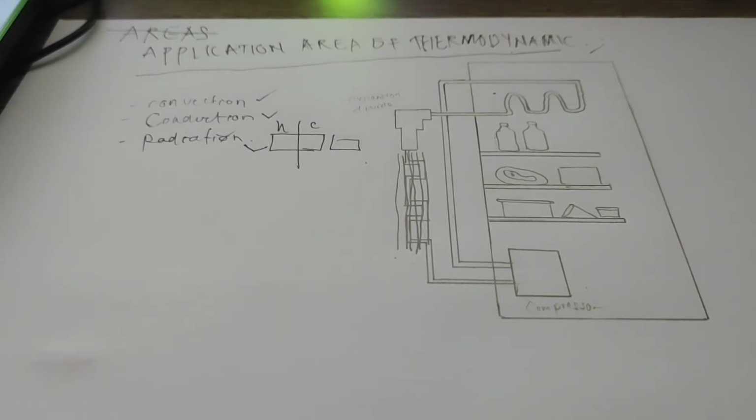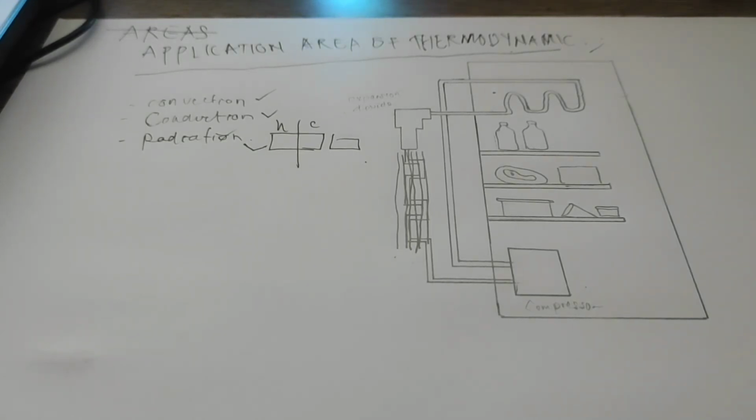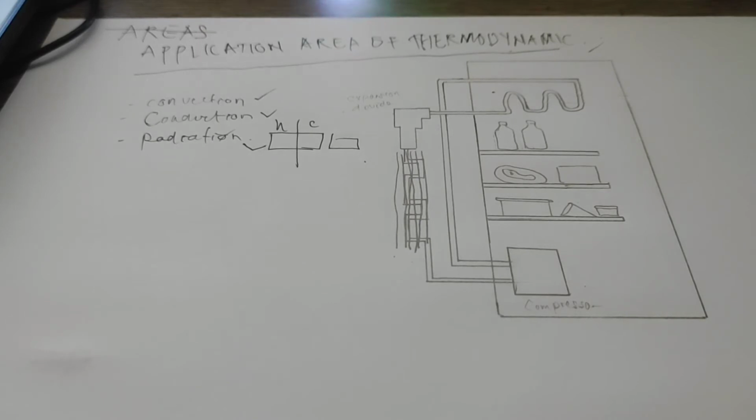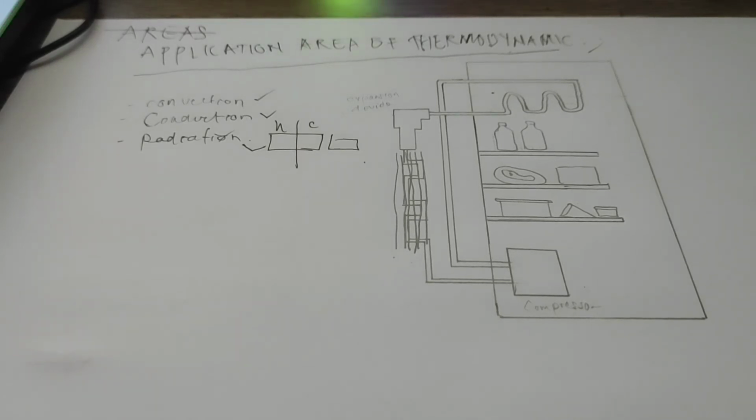This substance condenses to become liquid at high pressure and evaporates to become gas at low pressure. So the cooling system happens due to the change of state of the refrigerant fluid from liquid to gas.